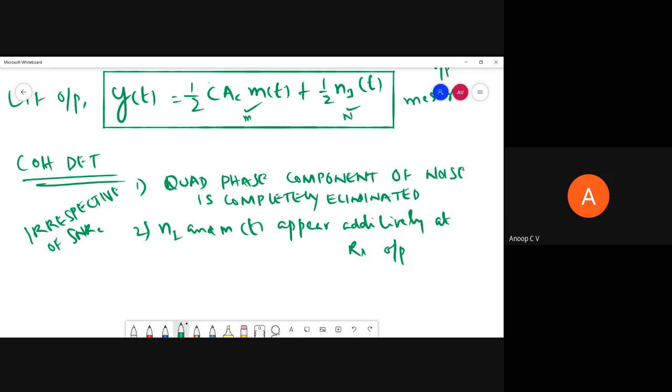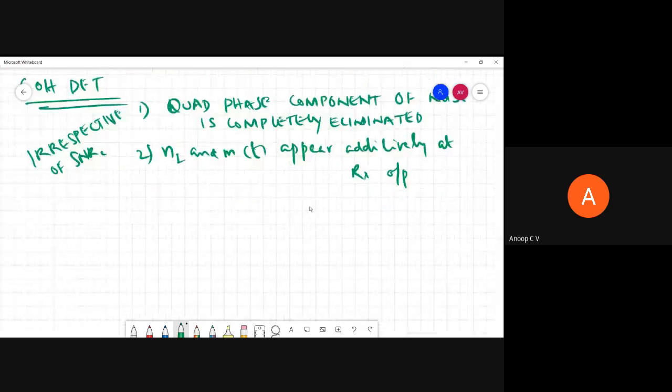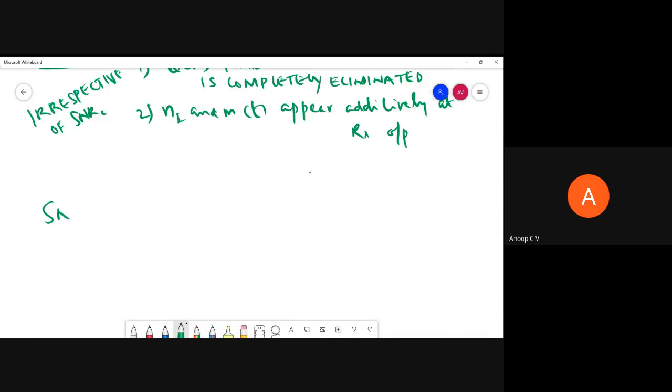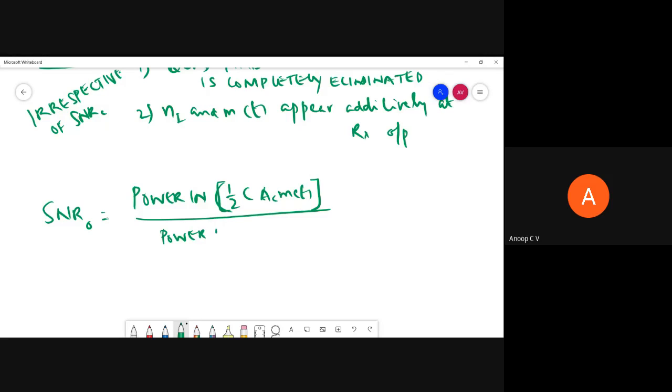So now we can find the signal to noise ratio at the output, SNR O. The signal to noise ratio at the output will be equal to the power in half C AC m of t, this is our signal component, divided by the power in half Ni of t.